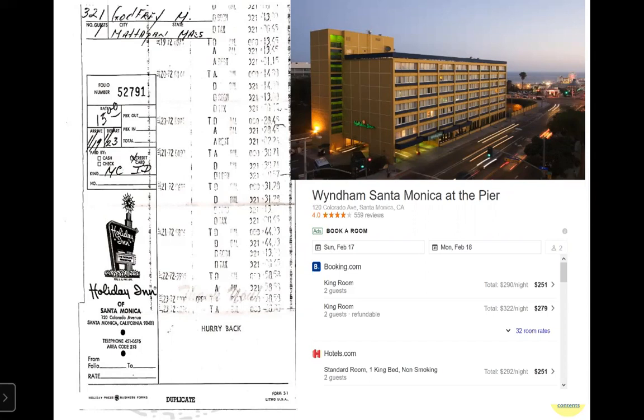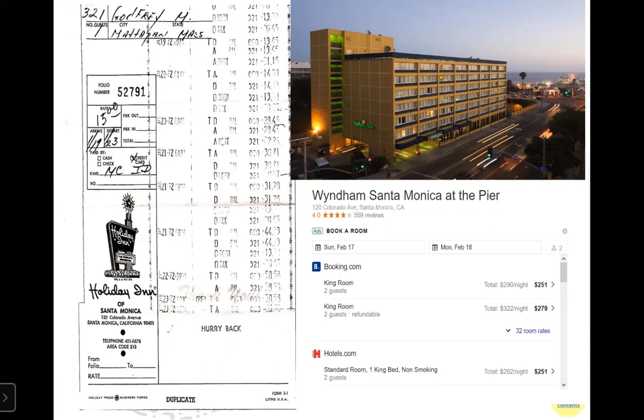In 2020, because of COVID-19, the price may have temporarily gone down, but usually this price is close to $300. So the price was 15, now it's close to $300. Clearly you can see there's an increase in price, and this increase in price we call inflation. So this is a piece of history.